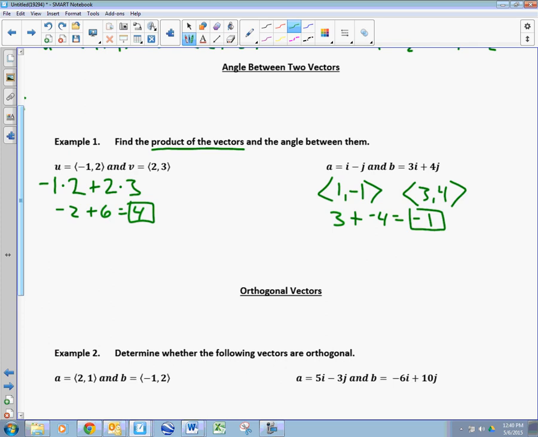Ready? Grade booster problems. Cosine of theta is equal to U times V, or the dot product, divided by the magnitude of U times the magnitude of V. I could prove it for you. I will not. But that is how we find the angle formed between two vectors. We would say the magnitude of the vector would really be the absolute value, the distance it is from the origin.